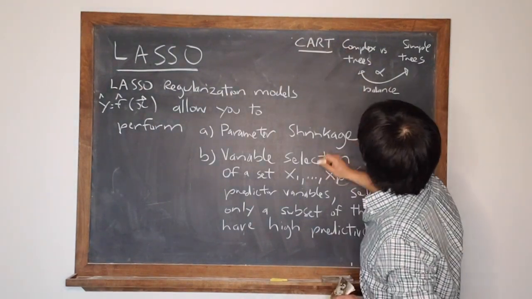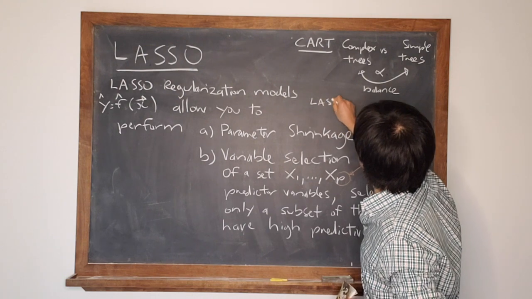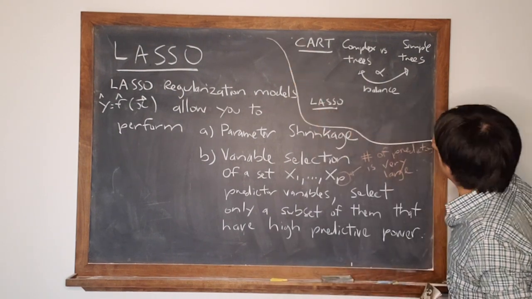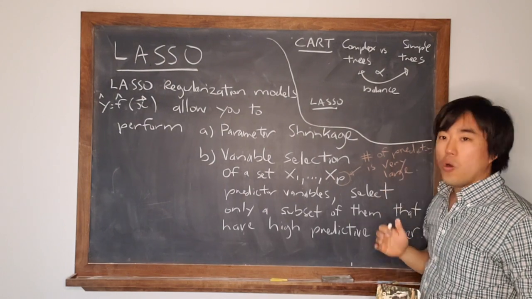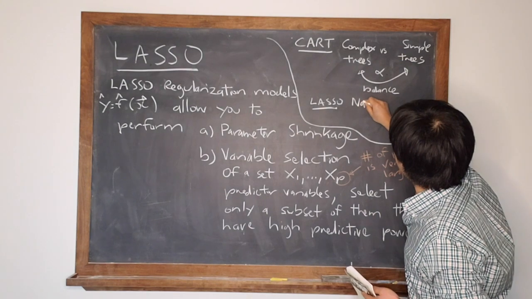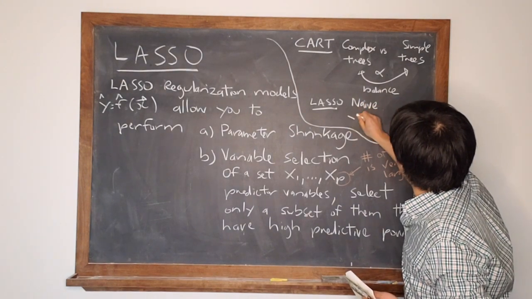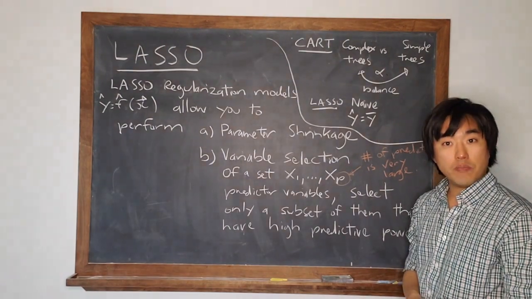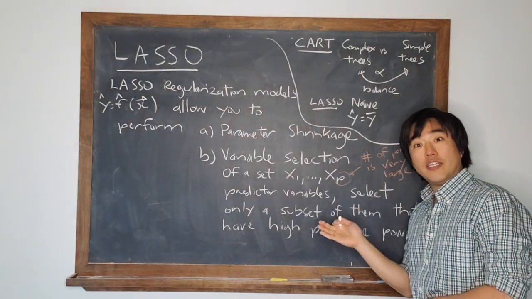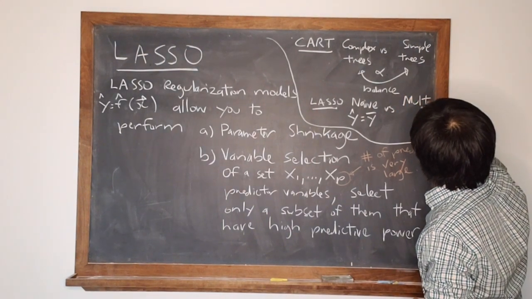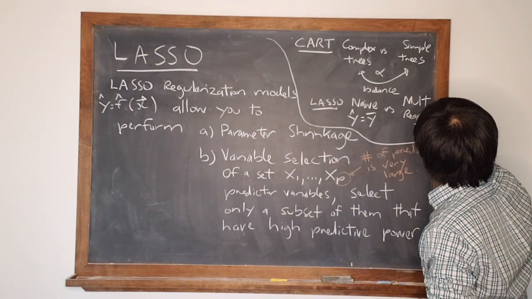Similarly, what does LASSO do? Let me draw this over here. LASSO balances between the naive y hat equals y bar regression model versus multiple regression models.